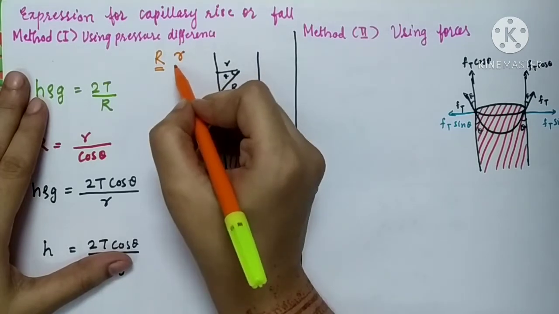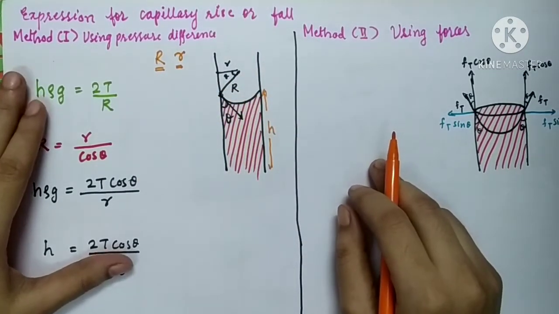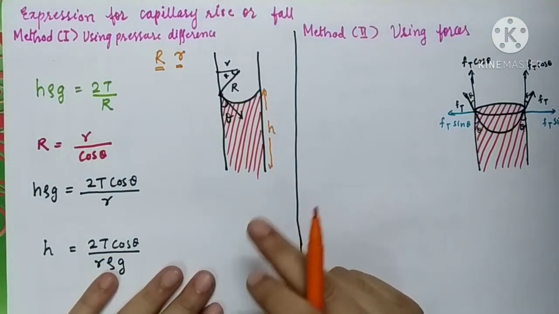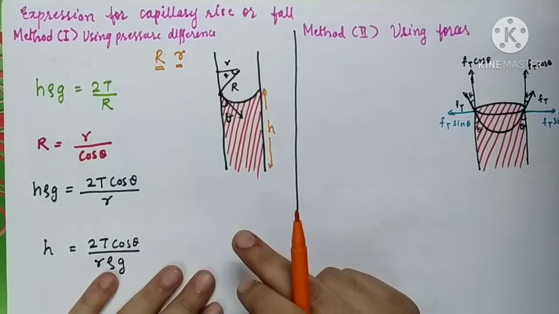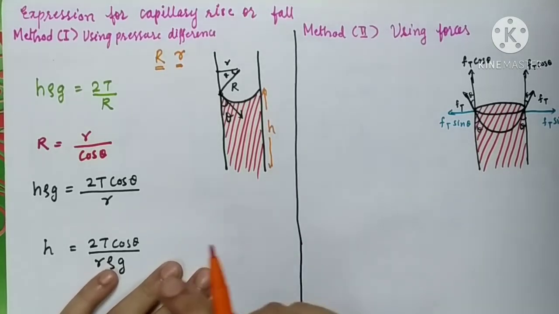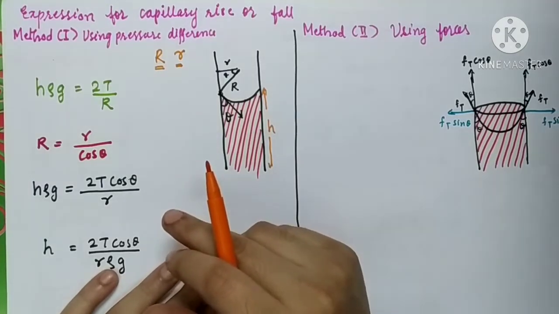Now, small r. Let's talk about the small r. We all know that our capillary tube is cylindrical in shape and it has a very fine bore inside it. Throughout its length, the capillary tube has a very fine bore. You might have seen this capillary in an ink pen or a fountain pen. So that capillary tube also has a radius.